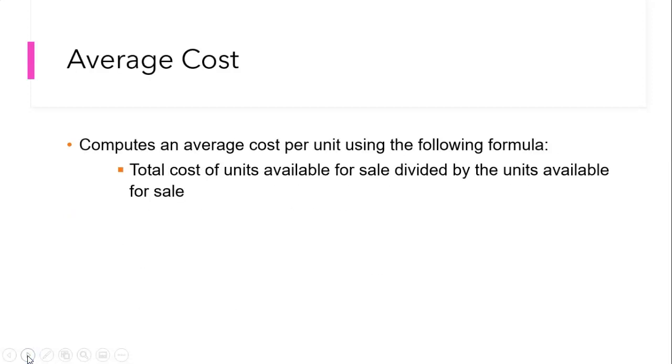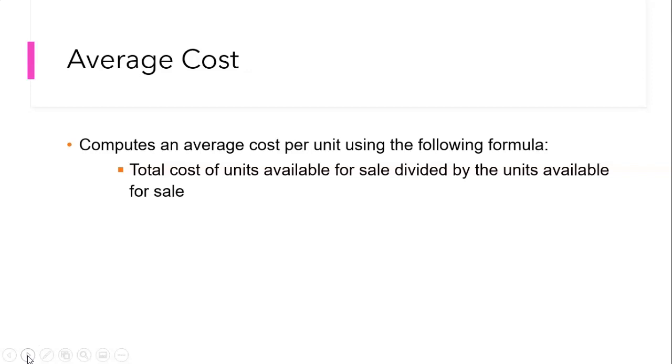The average cost system, again, computes an average cost per unit using the formula like we did with the hammers. We add up the total cost of the units that are available, of the 4 hammers that are available, which was $12. We divided that by how many units are available, which was 4 hammers, and we came out with $3 as our average cost per hammer.